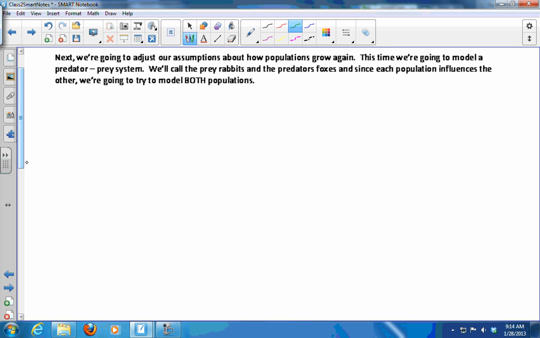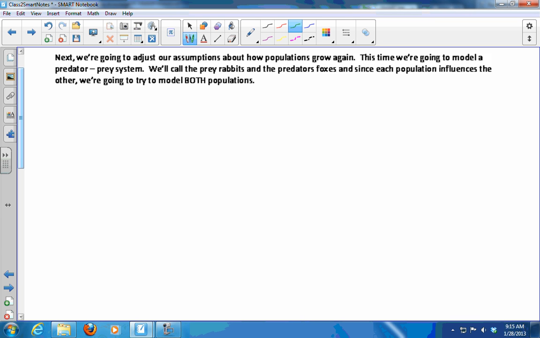But in our next model, we're going to adjust our assumptions one more time, because resources and space in the environment are not the only thing that affects the size of a population. Predators can also affect the size of a population. But the size of the predator population is affected by the size of the prey population. They're very much linked.